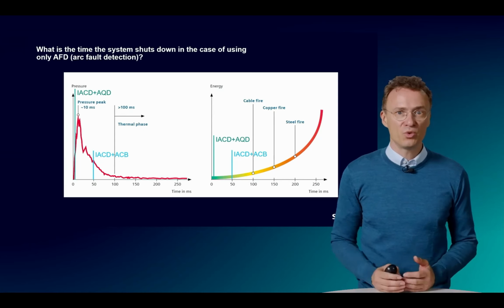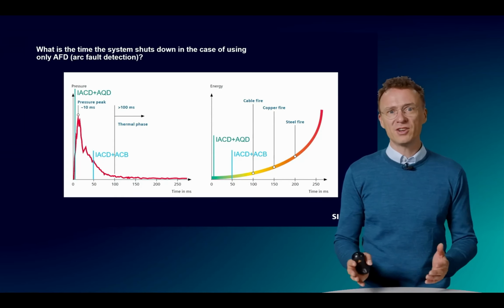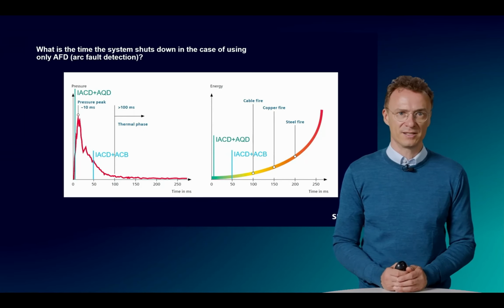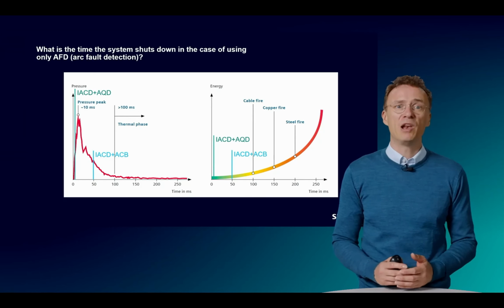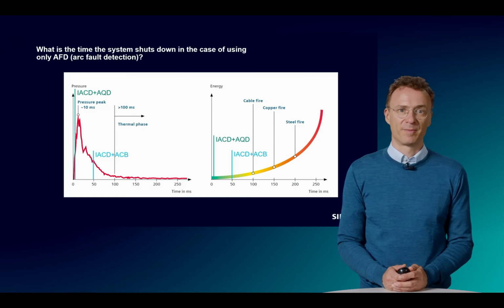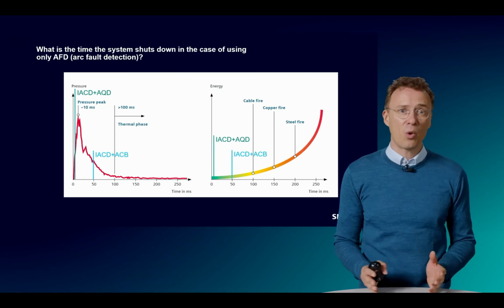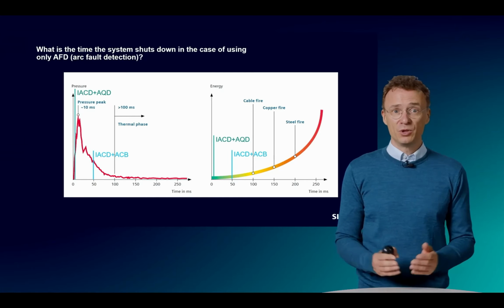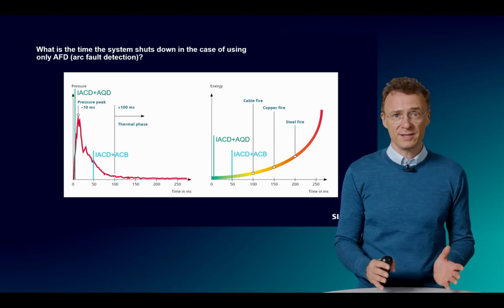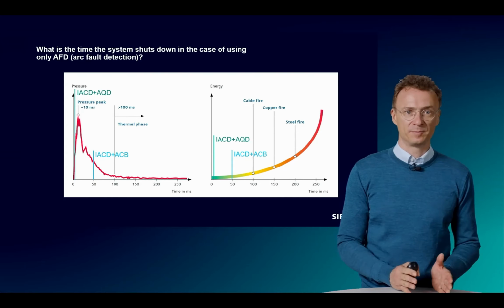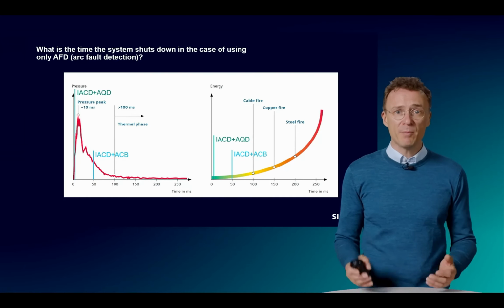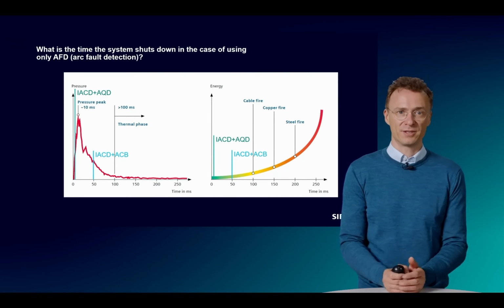Using the detection without the quenching device, the tripping time is approximately 50 milliseconds. Using the AQD reduces the tripping time below 5 milliseconds. And in the graph, you can see why this is important. Using a combination of IACD and AQD gets you even ahead of the pressure peak. And this really minimizes the mechanical stress on the system.